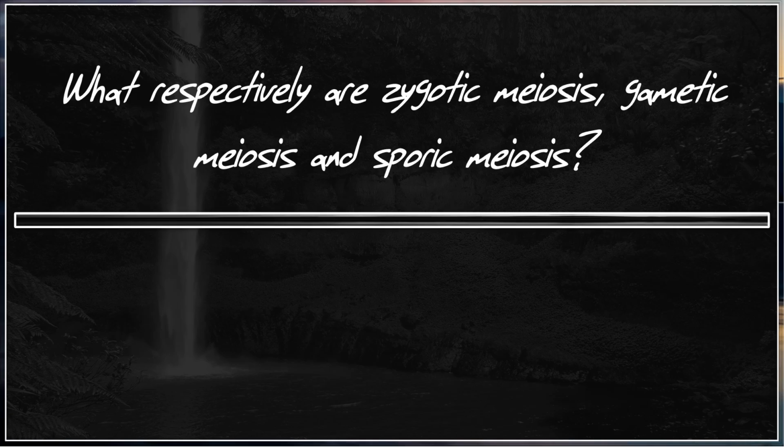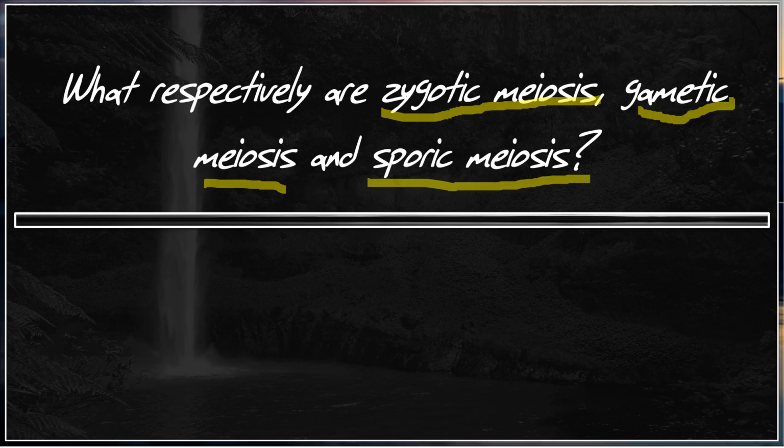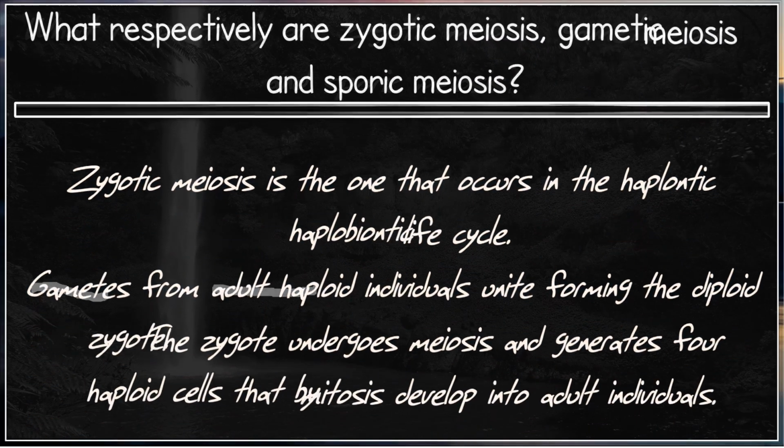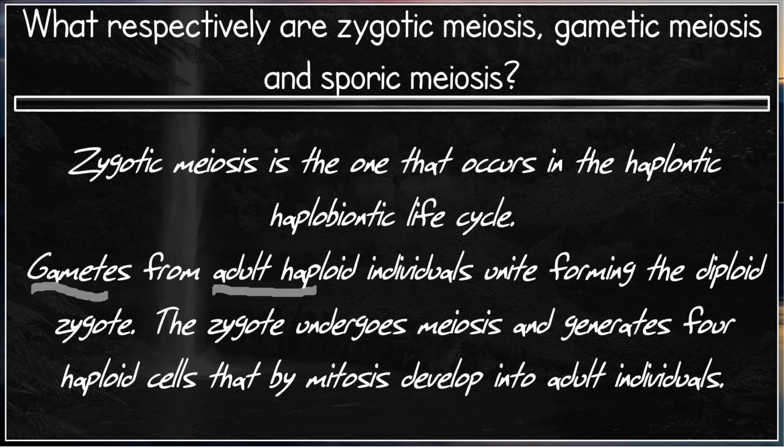What respectively are zygotic meiosis, gametic meiosis, and sporic meiosis? Zygotic meiosis is one that occurs in haplontic life cycle. Gametes from adult haploid individual unite forming the diploid zygote.